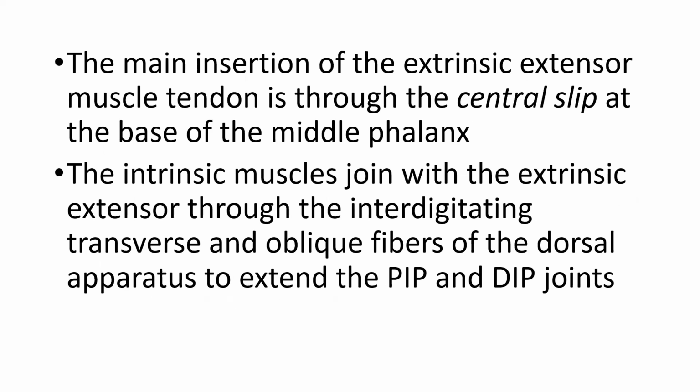The main insertion of the extrinsic extensor muscle tendon is through the central slip at the base of the middle phalanx. The intrinsic muscles join with the extrinsic extensors through the interdigitating transverse and oblique fibers of the dorsal apparatus to extend the PIP and DIP joints.